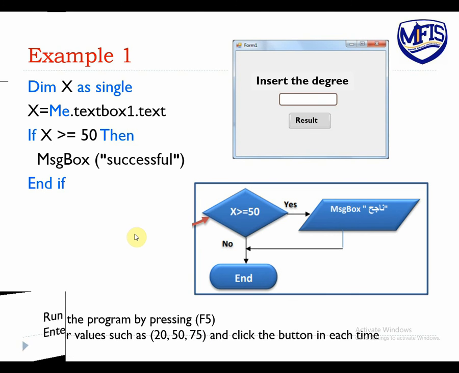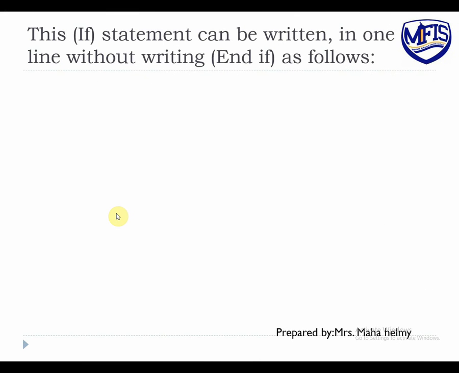Okay, what if we want to write the if statement or block of if in one line? We can write the block of if in one line, but with one condition, which is without writing end if. Let's try it out.